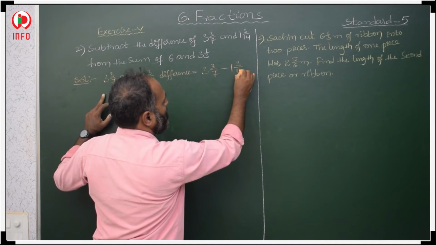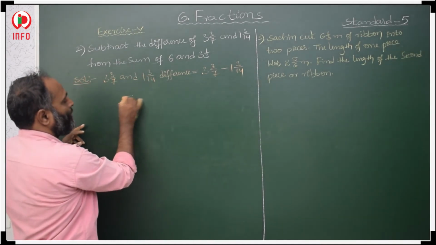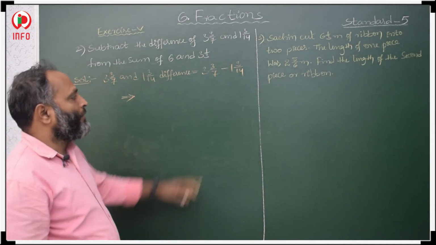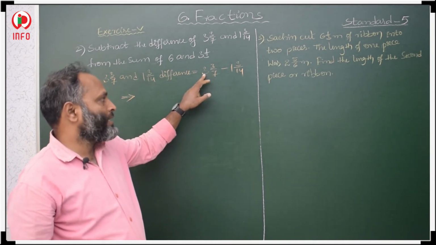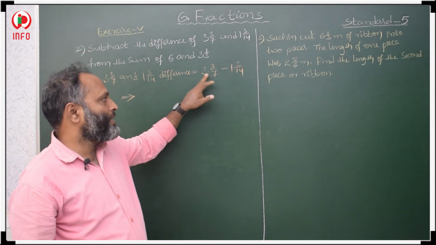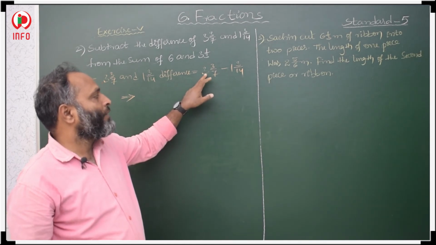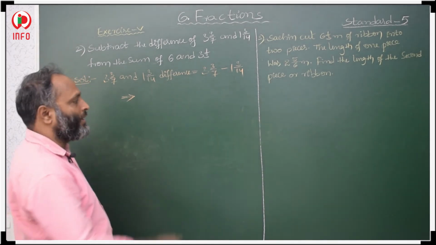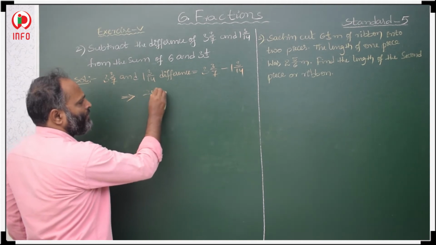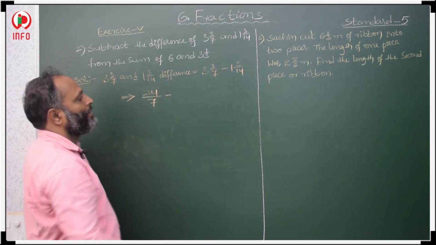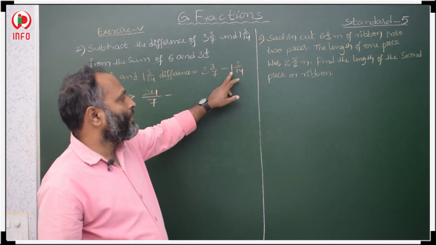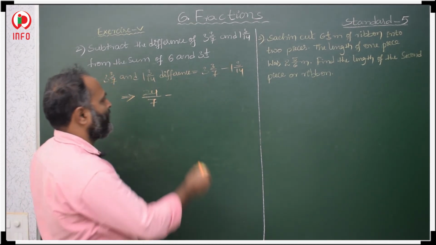Now we have to convert this mixed fraction into an improper fraction. 7 3s are 21, we have to multiply these two. 7 3s are 21, 21 plus 3 is 24, so 24 by 7. And 14 1s are 14, 14 plus 3 is 17.